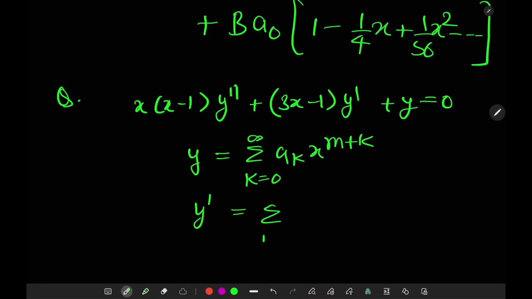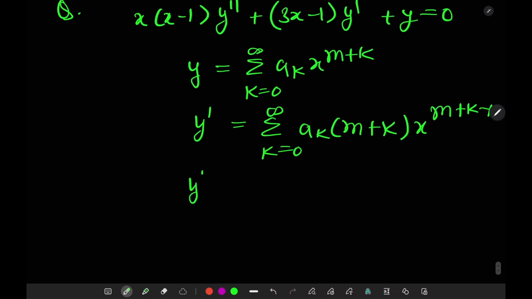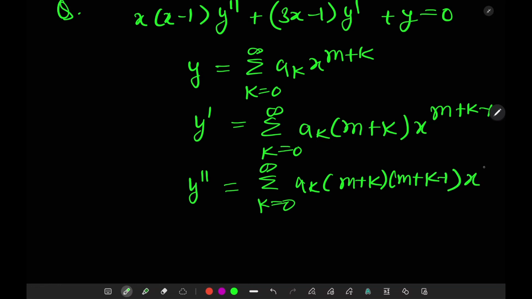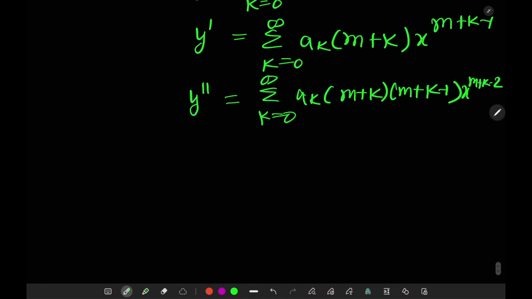Y dash is equal to summation k equal to 0 up to infinity ak into m plus k x raised to power m plus k minus 1. And similarly for y double dash, we can write here m plus k into m plus k minus 1 x raised to power m plus k minus 2. Similarly, we put this value in the given equation.